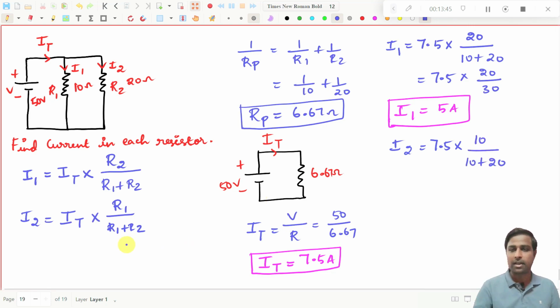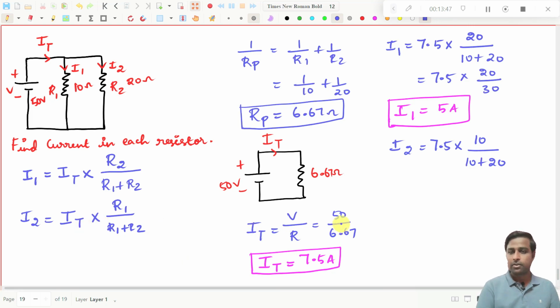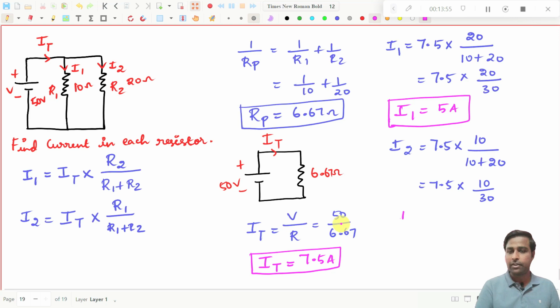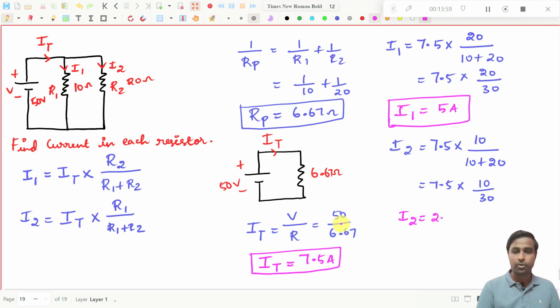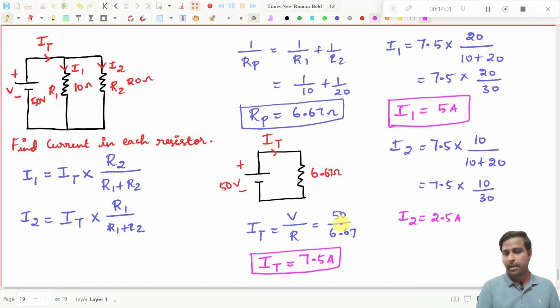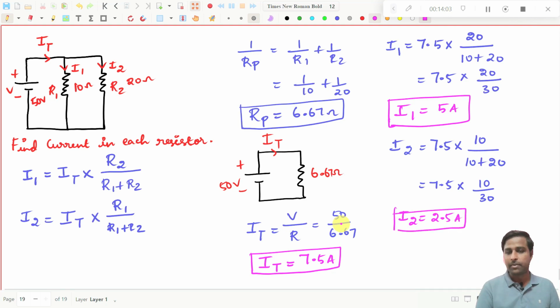So 7.5 into 10 divided by 30. If you simplify this, I2 will be equal to 2.5 amperes. We have found I1 and I2 by using the current division rule.